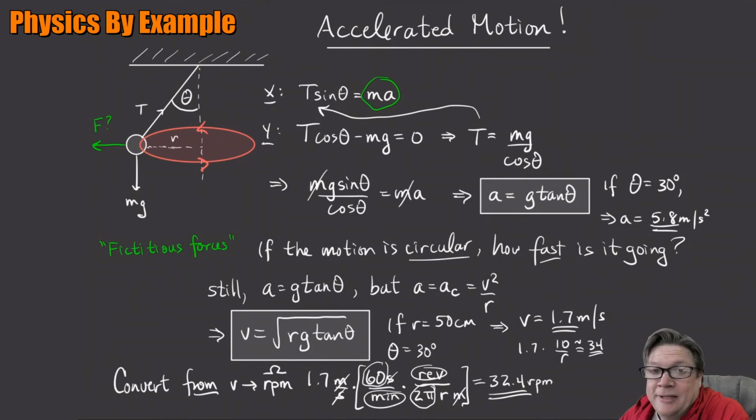So feel free to use it. If you're in a lab or you're trying to actually build something and you need to be precise, then use the precise thing. But if you're just trying to get a handle on roughly what the answer is, let's approximate stuff. Let's say that's 10 over R. Very cool. All right, so that is how to handle these masses in accelerated frames, and we got more coming up.